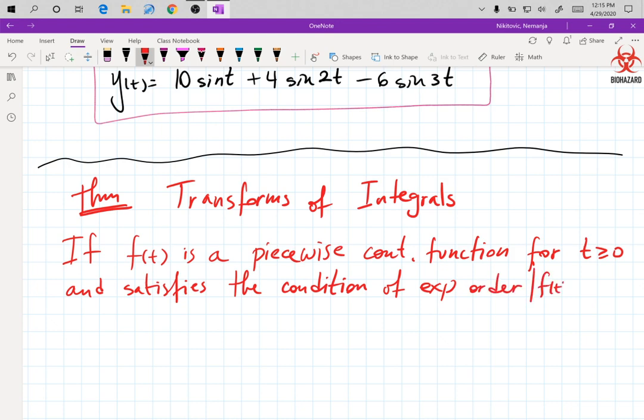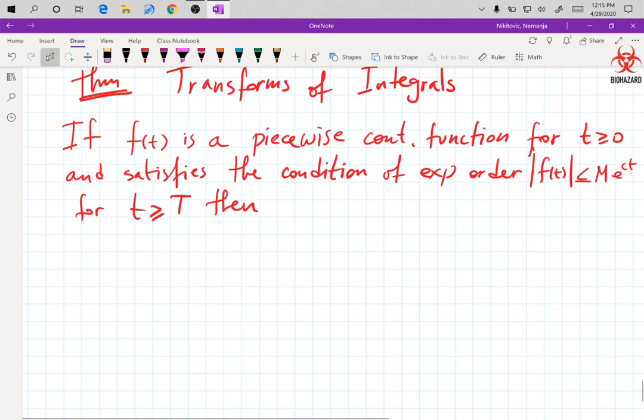Right, so f of t is going to be bounded. It's the same as before, M e to the c t for t larger than T. Then we have the Laplace transform of the integral 0 to t of f of tau d tau. The tablet is overheating and it's very difficult to write now.